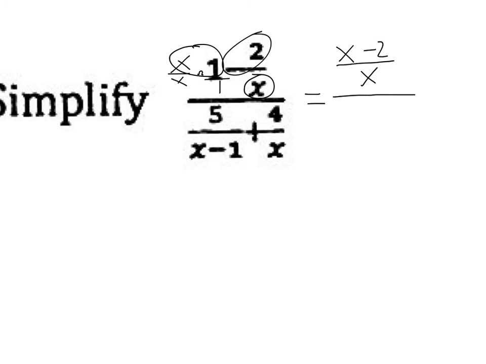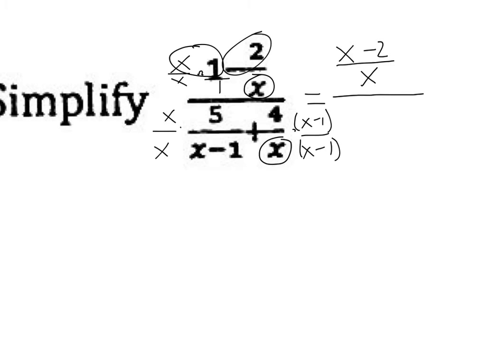Okay, over, now I need to do the same thing in the denominator. I need common denominators. So this first fraction down here needs a factor of an x, so I'm going to multiply by x over x. And the second one needs a factor of x minus 1. That gets those to be the same. So I'm going to do some manipulation down here below.